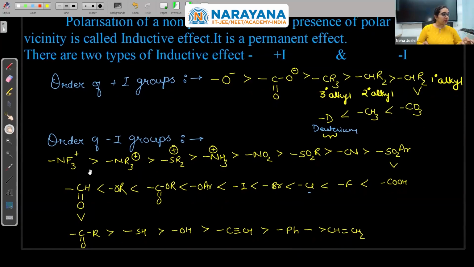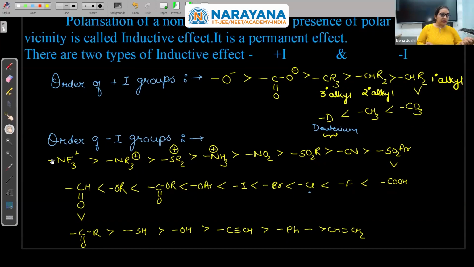Order of minus I groups, if we talk, the very strong one that you have to remember is NF3 plus. Now see, when I talk of NF3 plus, the plus polarity is coming on this nitrogen.